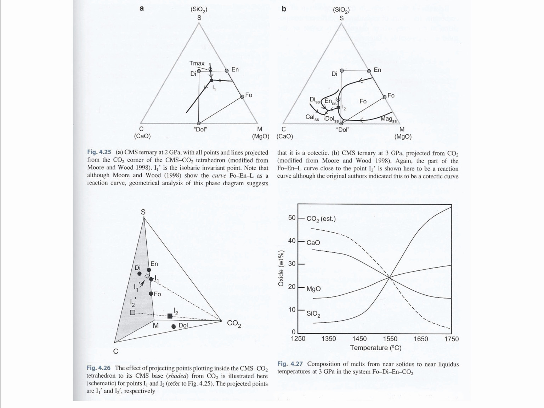And at 3 gigapascal, I mean the curve at the left hand, that was the same system, but for 2 gigapascal. Comparing it now to 3 gigapascal, it looks totally different. So again, you can see here how strongly the fluid or the volatiles are affecting the melting relationships in certain rock systems, yeah.